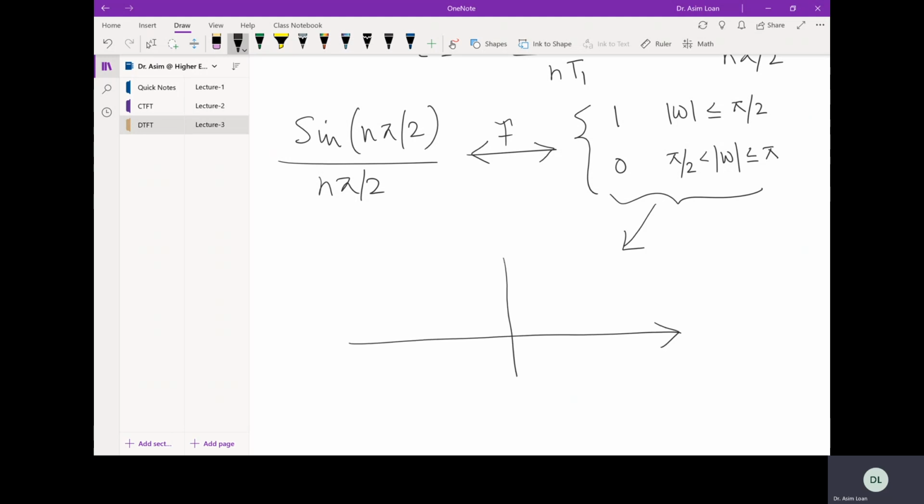This is X of e^{j omega}, with pi by 2, minus pi by 2, 1, pi, minus pi marked on the omega axis, and obviously this is periodic. Okay.